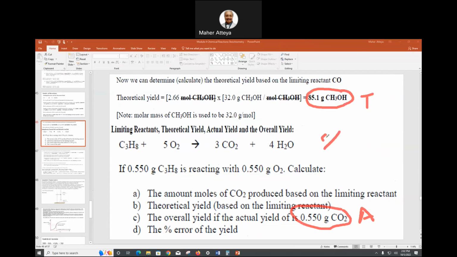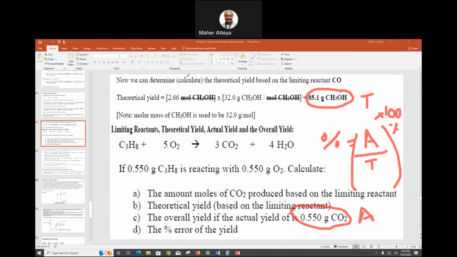So the percentage yield will be actual over theoretical, and the whole thing is multiplied by 100%. So take 0.500 gram divided by 85.1 gram multiplied by 100 and that will give you the percentage yield.